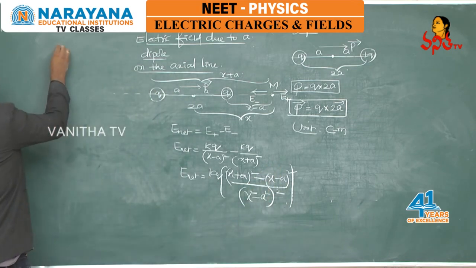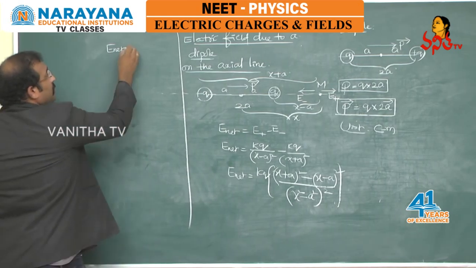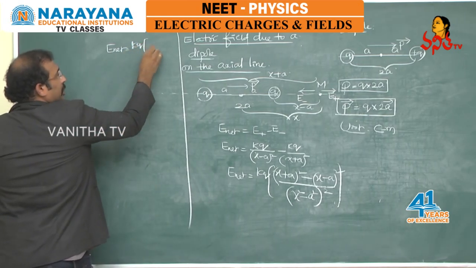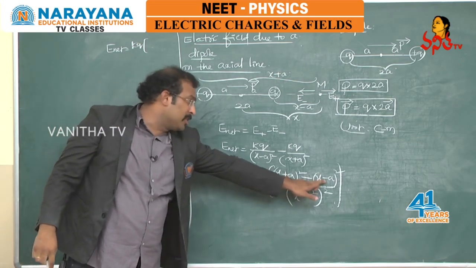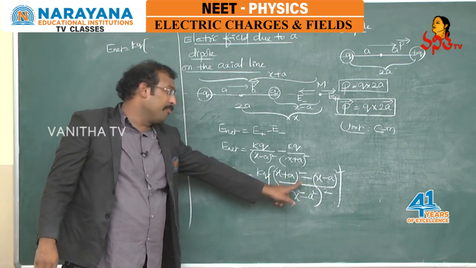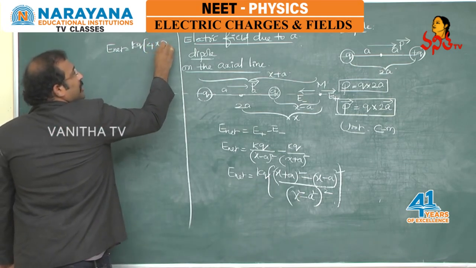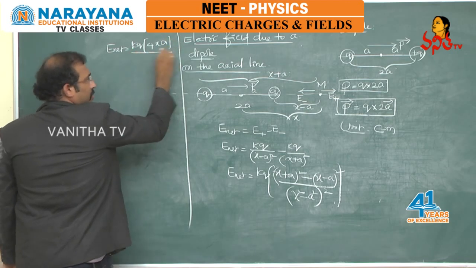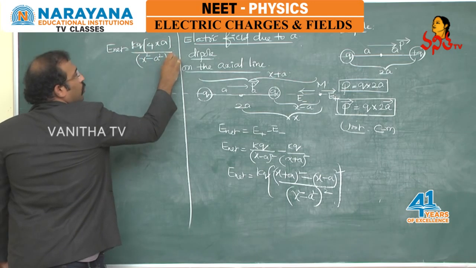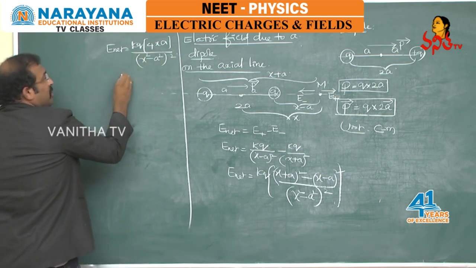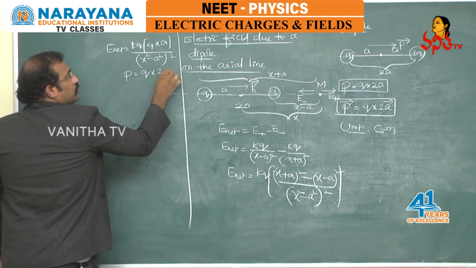Now the net electric field is given by kq into, A plus B whole square minus A minus B whole square is 4AB, so 4x into A by x square minus A square whole square. Then we know that the dipole moment is q into 2A.